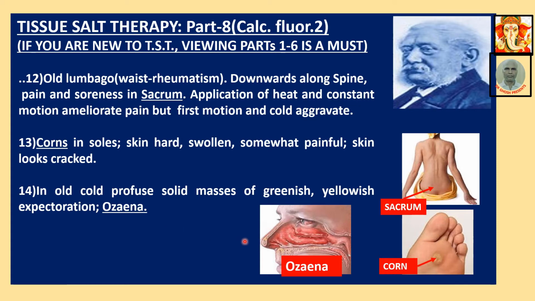So intense was the bad odor of this disease, and also painful. Now Calc.flour can take up this most difficult disease of humanity, Ozaena. You can read about Ozaena on the internet. You can understand what a bad type of disease this is.